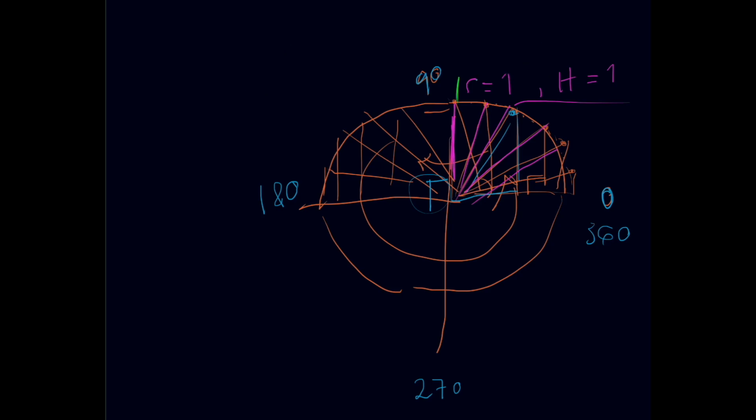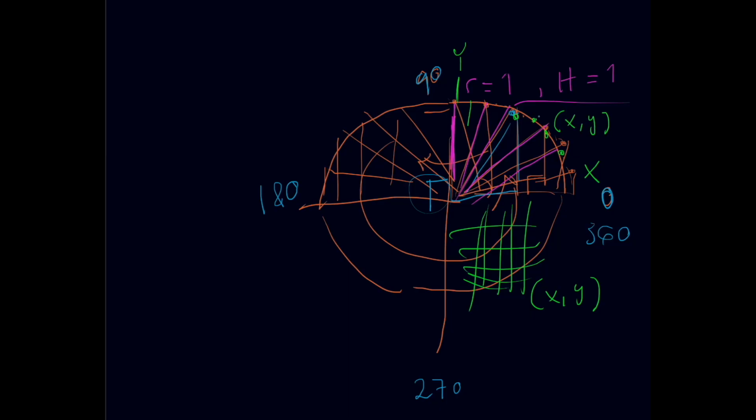Since this is a grid of y and x, you can have all sorts of different points of x and y, of course. And also here across the half circle, each point will be a point of x and y. And this is going to get really interesting because, spoiler, x can be represented by cosine and y by sine.